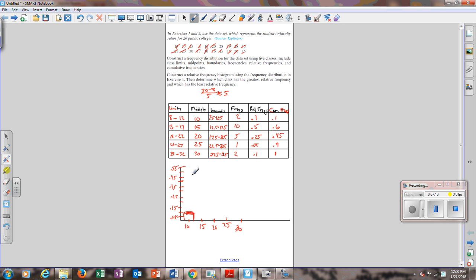And 15 jumps all the way up to 0.5. And this is going to go up to 0.25.